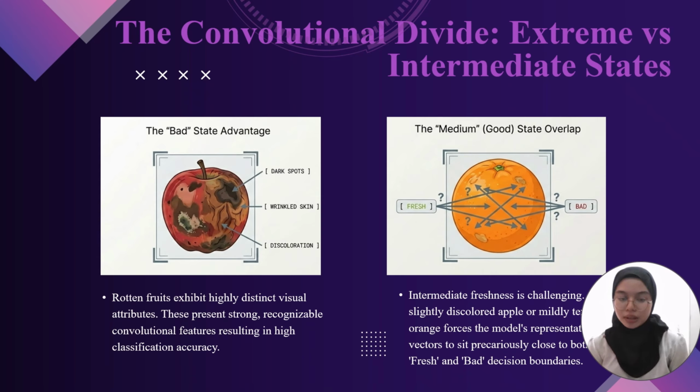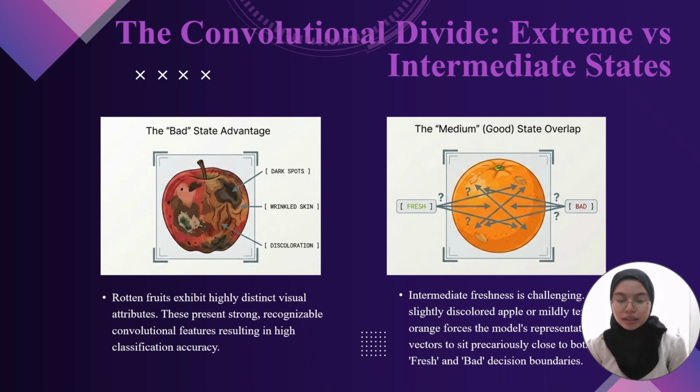Okay, these symptoms present strong, unmistakable convolutional features that are easy for our Teachable Machine network to recognize, resulting in excellent classification accuracy for decayed items such as our mango that correctly identified 90% of the bad state.